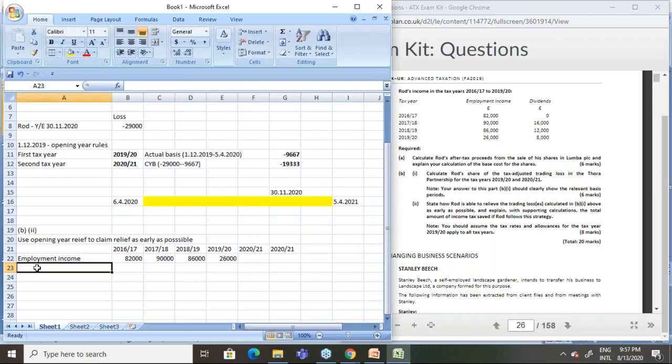Then dividend: nothing, 16,000, 12,000, 8,000. Right. Then we can get the total income.